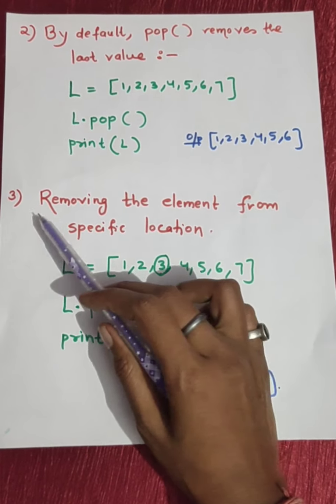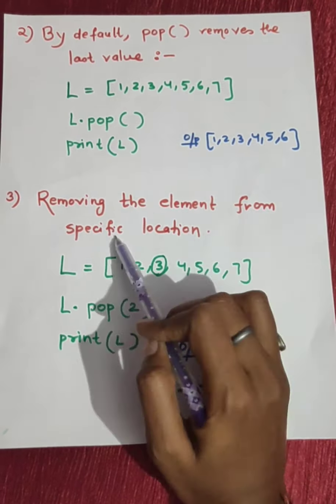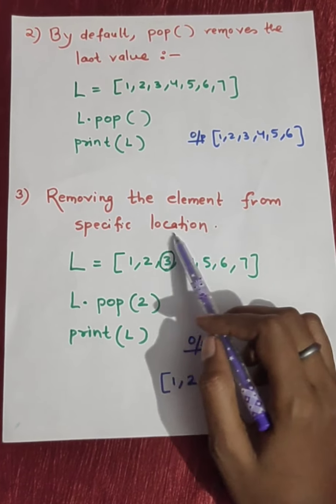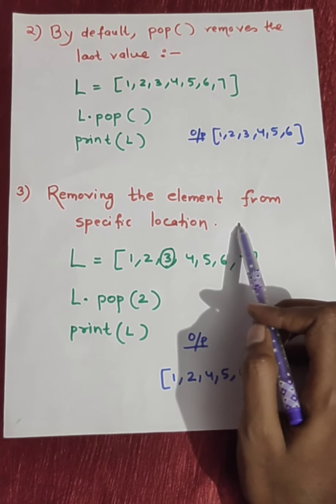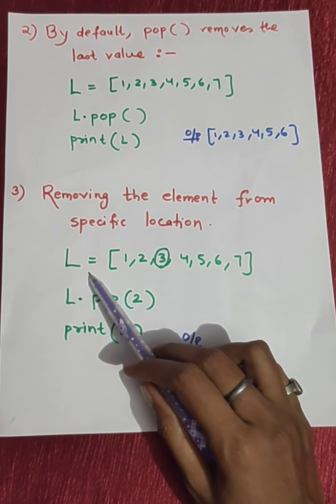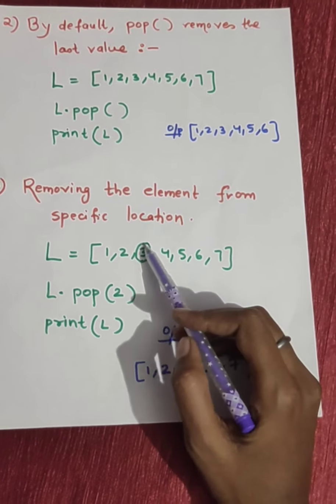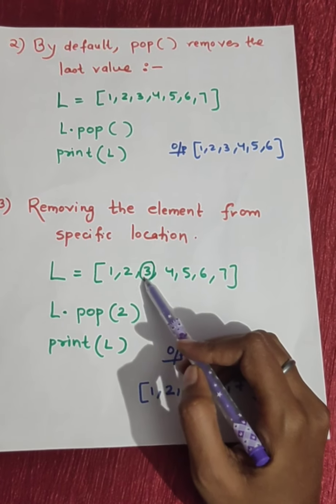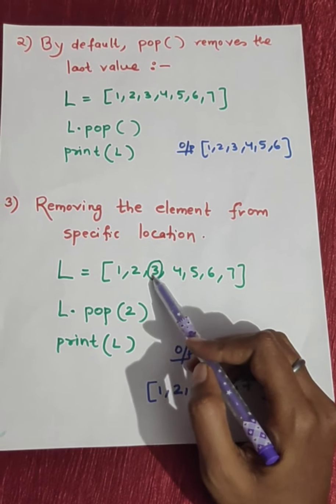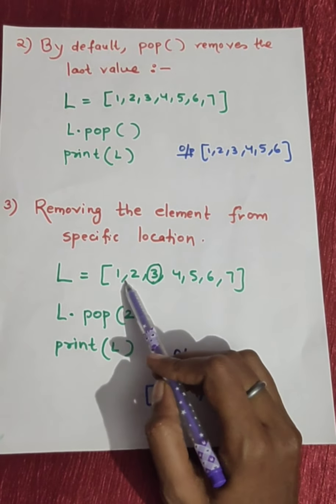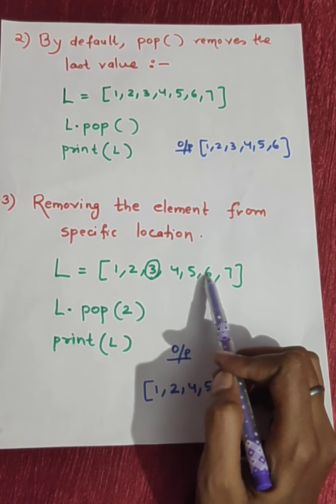The last one is removing an element from a specific location. If you want to remove an element from a specific location by using the pop method, like if you create one list 1 2 3 4 5 6 7, and you want to remove 3, what is the position of that? 0 1 2 3 4 5 6.